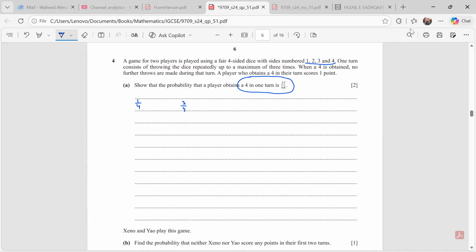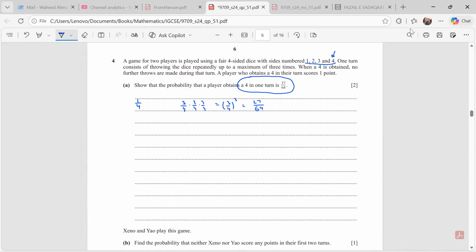Okay, now in 3 trials he does not get any 4, not even once. So what's the probability of that? Each time he gets 3 by 4, 3 by 4, 3 by 4, right? So this is 3 by 4 to the power 3, which is 27 over 64. So this is the probability of not getting a single 4.